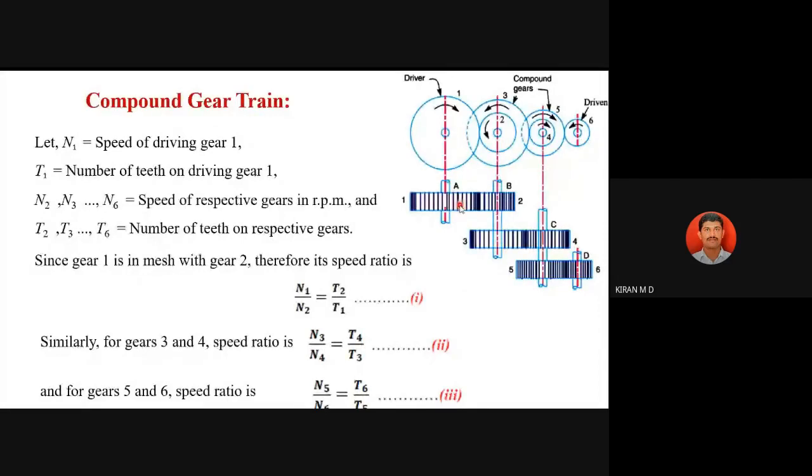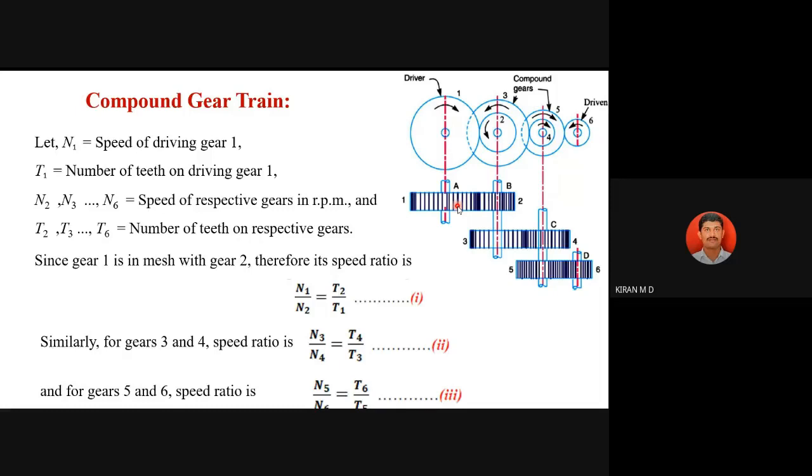But in the case of an epicyclic gear train, when the gears are rotating, the axis of a gear also rotates around another axis. When the axis of one gear rotates around the axis of another gear, we call it an epicyclic gear train.